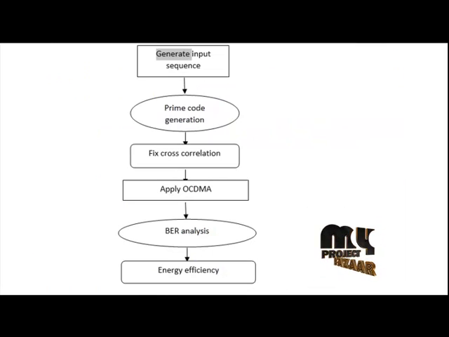This is the flow diagram for the accurate analysis of double weight codes with an arbitrary maximum cross correlation value for 2-chip power OCDMA. In this process, first we generate the input sequence, and in this we transmit the data. Then the next process is the prime code generation. In this, the modulation codes are partitioned into 3 groups.